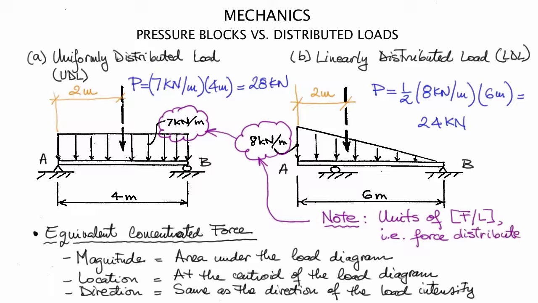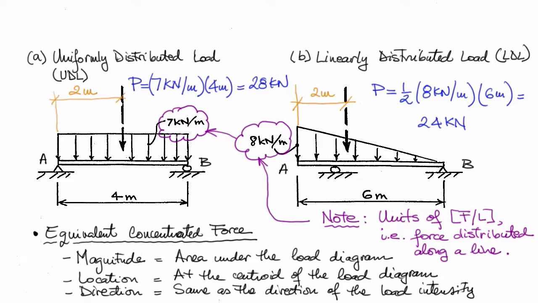So that's what makes this a distributed force. We can now imagine that a force can be distributed not only along a line, but also in the other direction. And that would be a force distributed across an area.